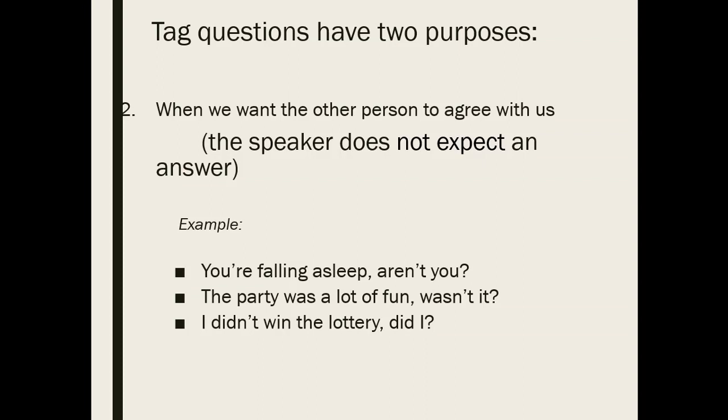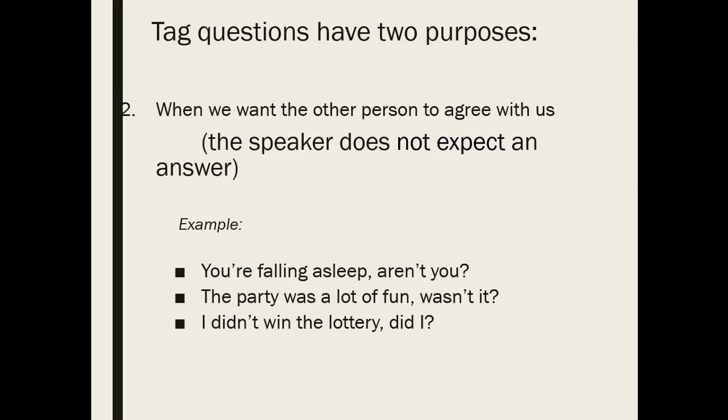So this means that the tag question is a short question that we put at the end of the sentence. We use it to ask a question or to express concern, disbelief, anger, and other emotions. For example, if the main part of a sentence is a positive, the question tag is in the negative.